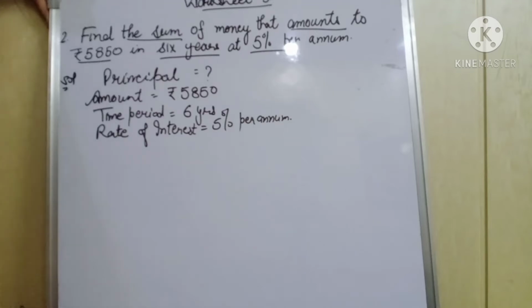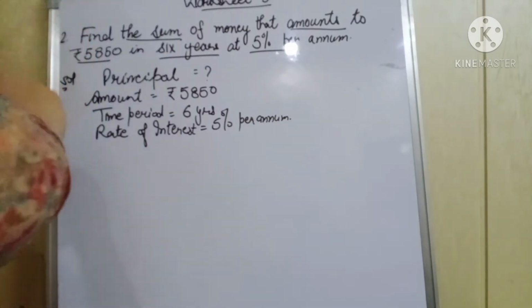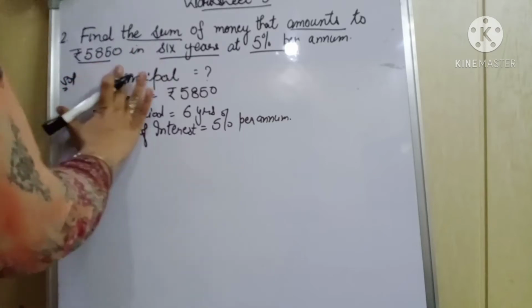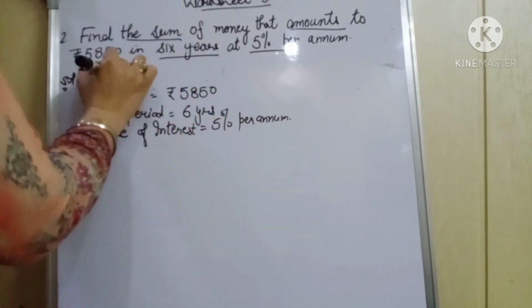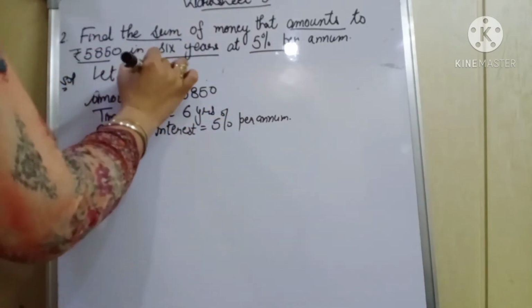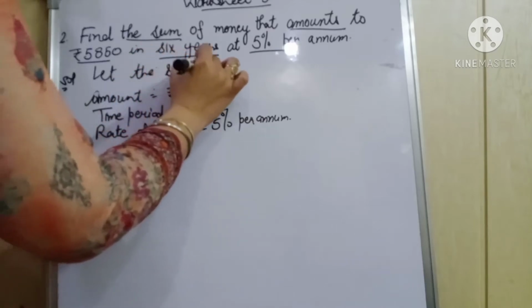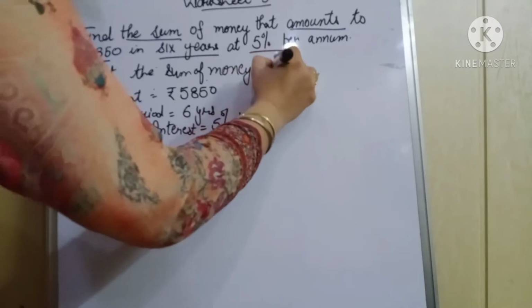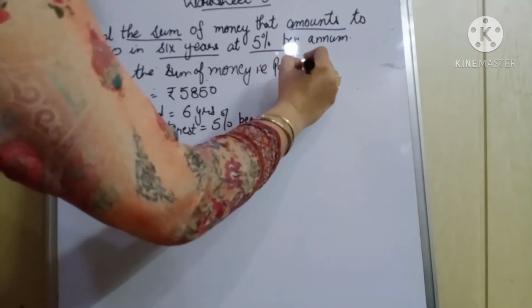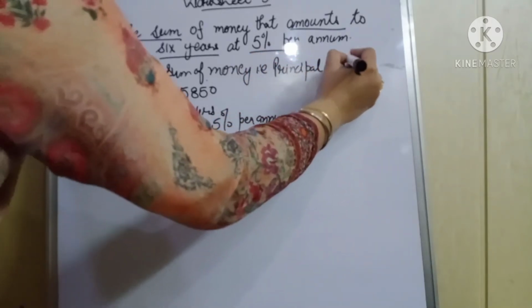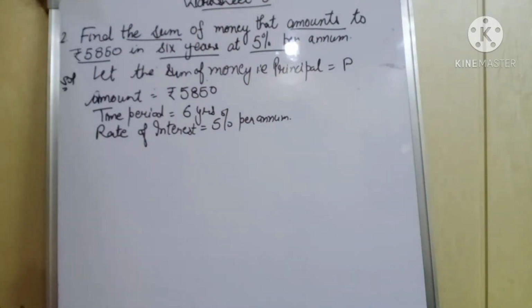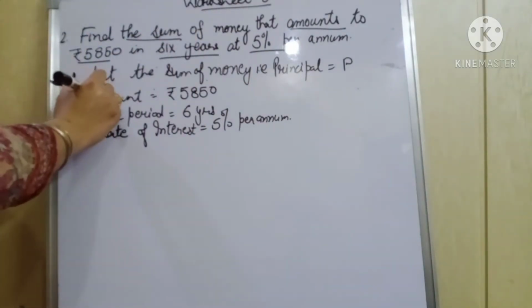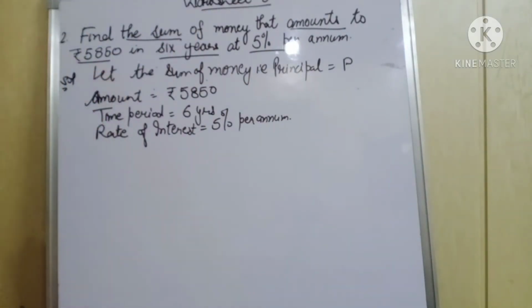Now we are not given a principal, so what we do, we must let the sum of money, principal, be equal to P. To find the amount, we know the principal and the simple interest.